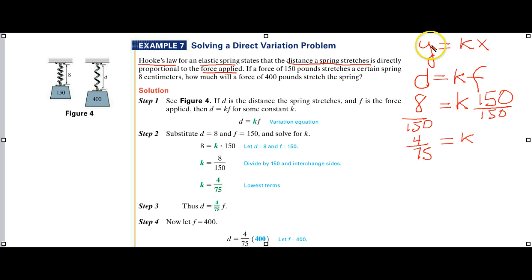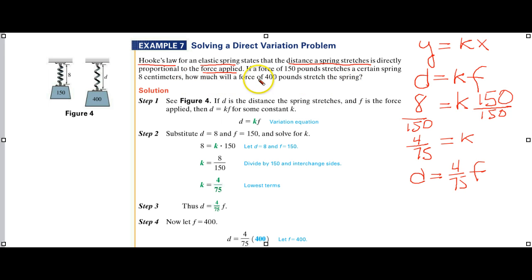Now, what will be our equation of direct variation for Hooke's law? Well, it will be d equals, we now have our value for k, which is 4/75, times F. Now, this is what they will always ask, something like this.